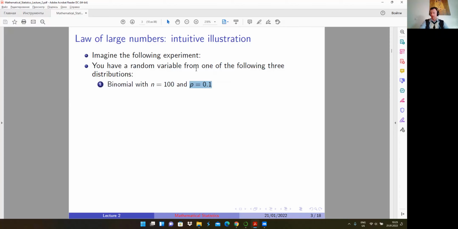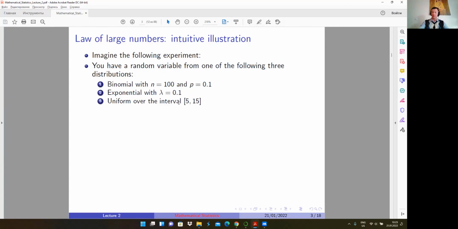So the expected value is 10 for this variable. Exponential with lambda 0.1: the expected value is also 10 for the exponential distribution. The exponential distribution, if you remember, is something about time or probably losses if we look at the application in finance. And the uniform distribution on the interval from 5 to 15. Again, the expected value of this random variable is going to be 10, the center of this interval.